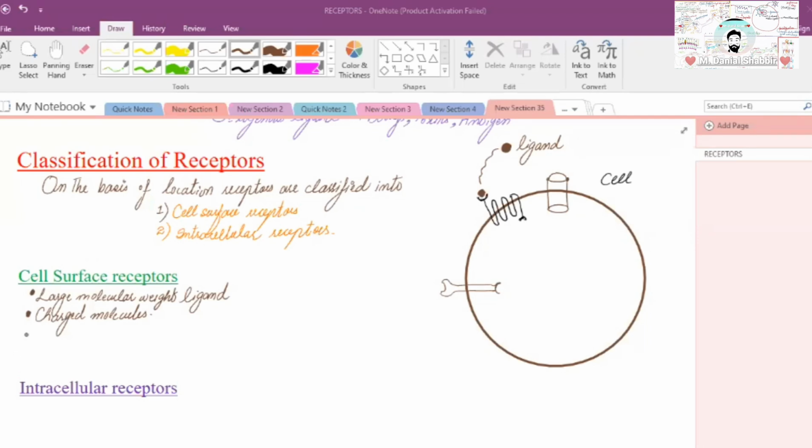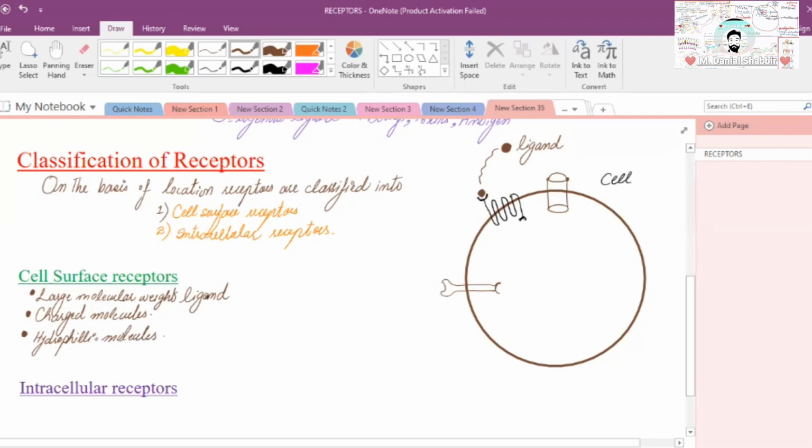Next is hydrophilic molecules. The other one is hydrophilic molecules, right?